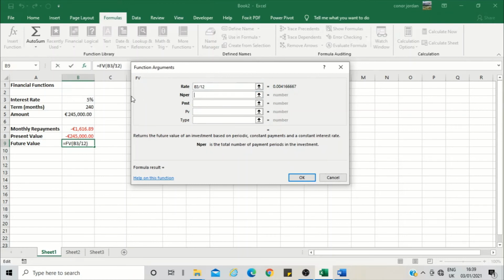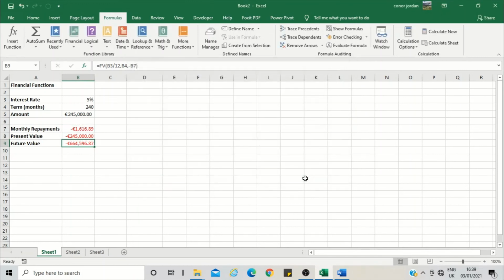Choose the number of payments, so this is monthly repayments, minus the payment made each period, which is the PMT. So that's minus your monthly repayments, which is calculated here. And click OK. So that'll be the future value of the loan when it's entirely paid off.